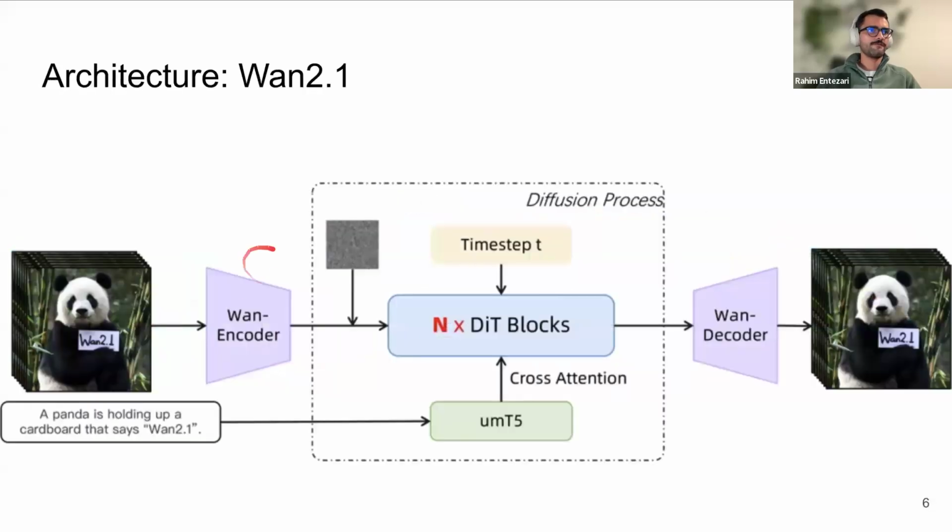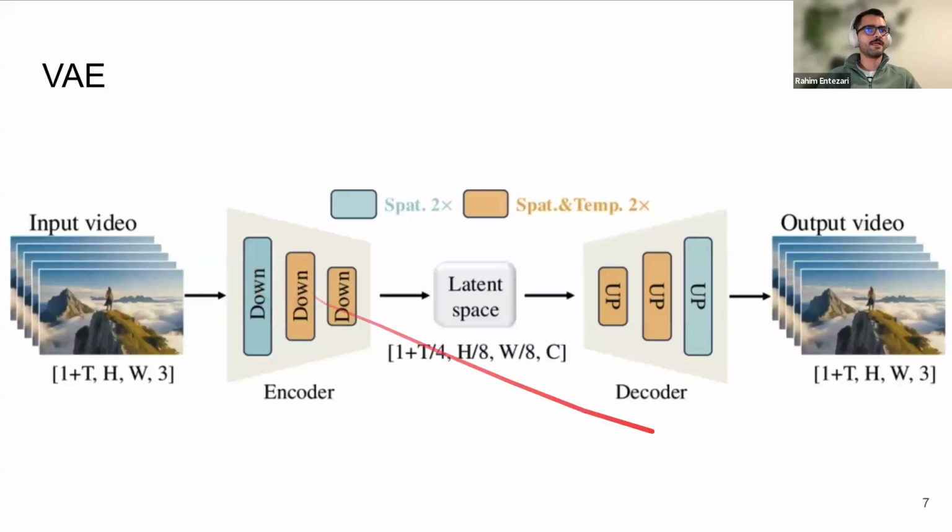If you may recall, we have this VAE encoder and decoder, and this is the encoder and the decoder zoomed in. The Wan VAE 2.1 has temporal compression of 4. So instead of 80 frames, we now have 80 divided by 4, which is 20 frames, and then a division of 8 compression towards height and width. So in total, we have 8 times 8, which is 64, multiplied by 4, which is 256 times smaller.